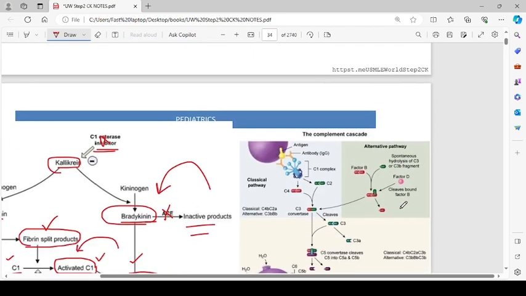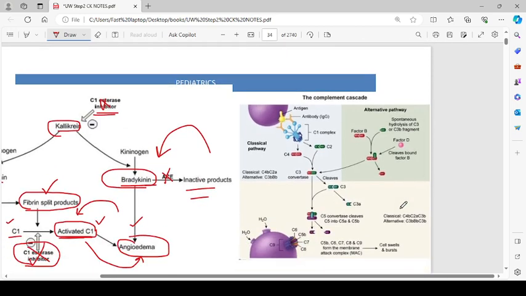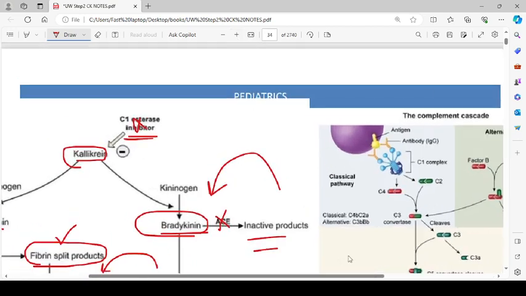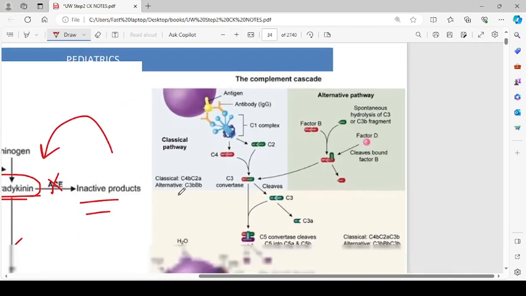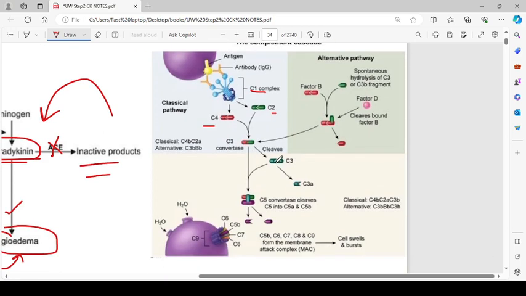The next thing is about the complement cascade. It is not very important, but for the sake of completion, let's see this. Here you can see antigen, antibody, and then the C1 complex. As per the classical pathway, this is C2 and this is C4. In the classical pathway, C2 and C4 combine to form the C4b2a complex. Actually, you're not supposed to memorize that.